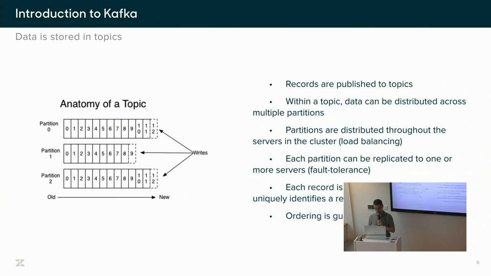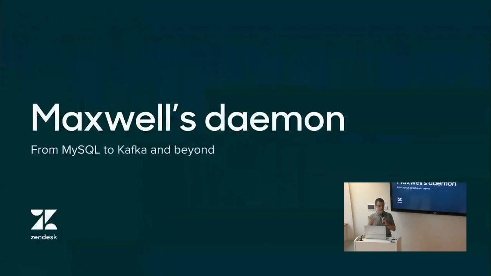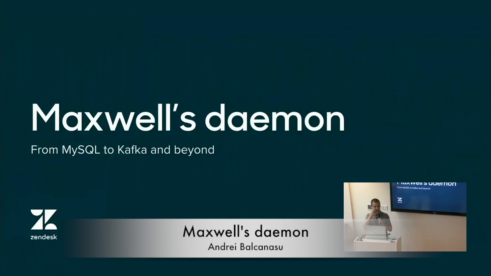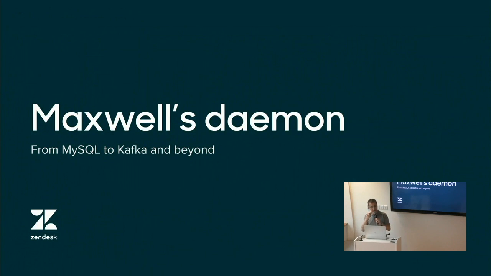Okay, so the next part, which is one of the main presentations that we prepared, is about Maxwell's daemon. This is an application of what we use Kafka for, and this is how we at Zendesk introduced Kafka.